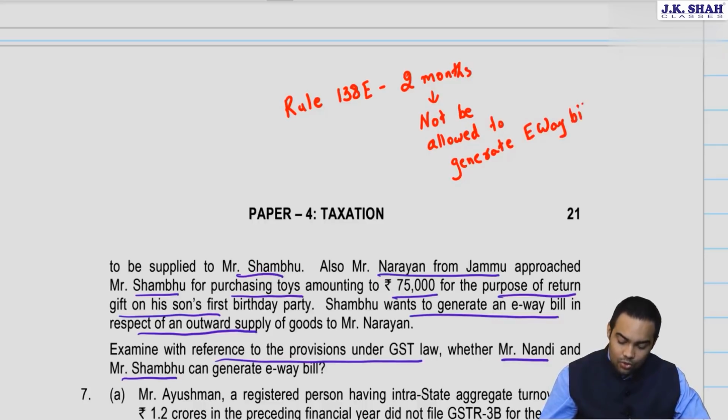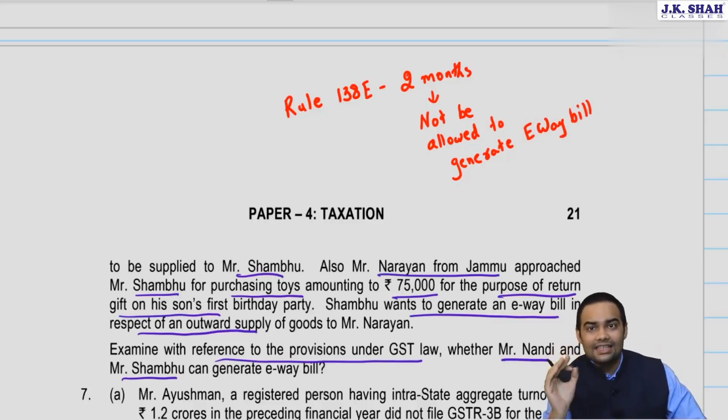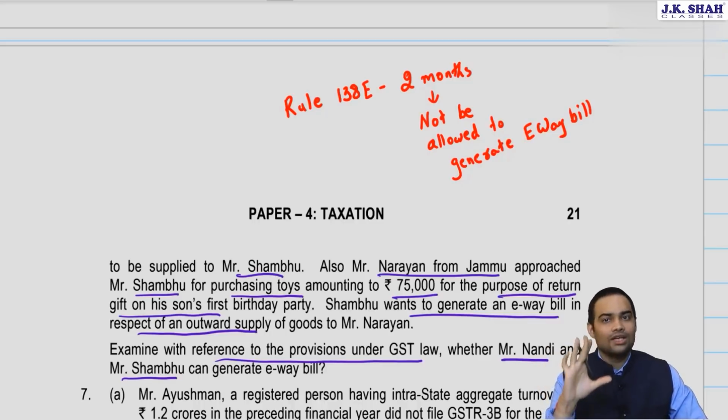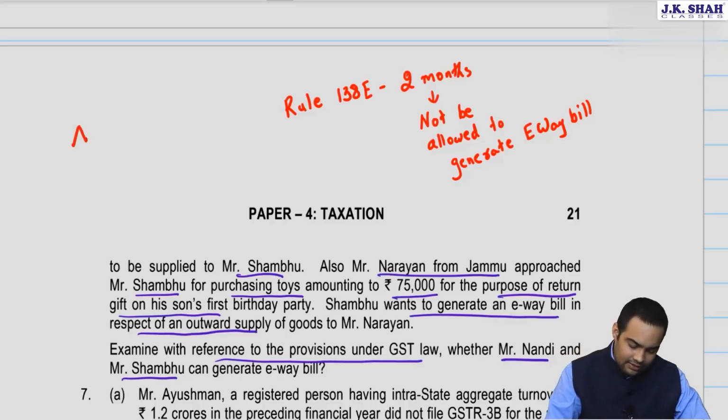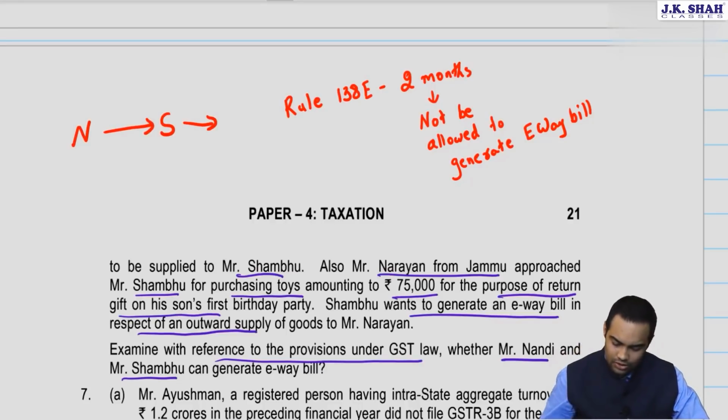That means only for your sales, you will not be able to generate an e-way bill. Now, in this case, they have asked two parts. One, Nandi is selling to Shambhu and Shambhu is selling to Mr. Narayan.